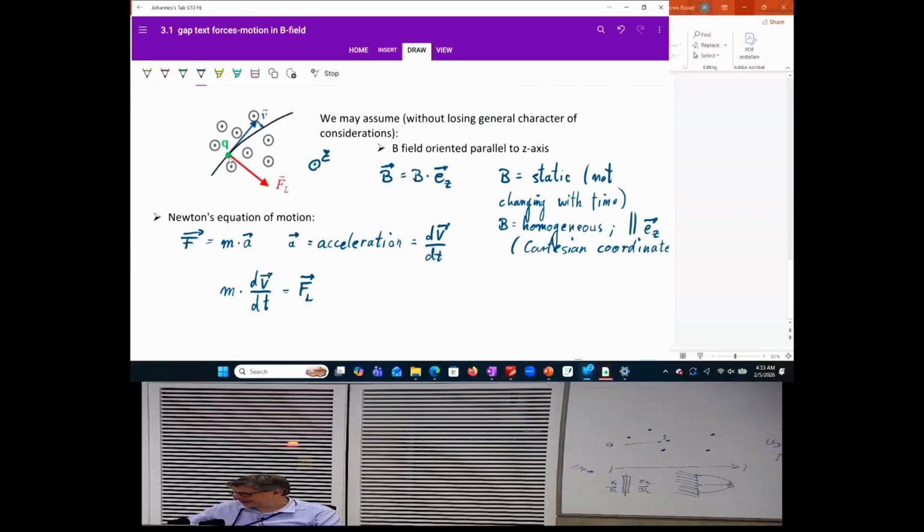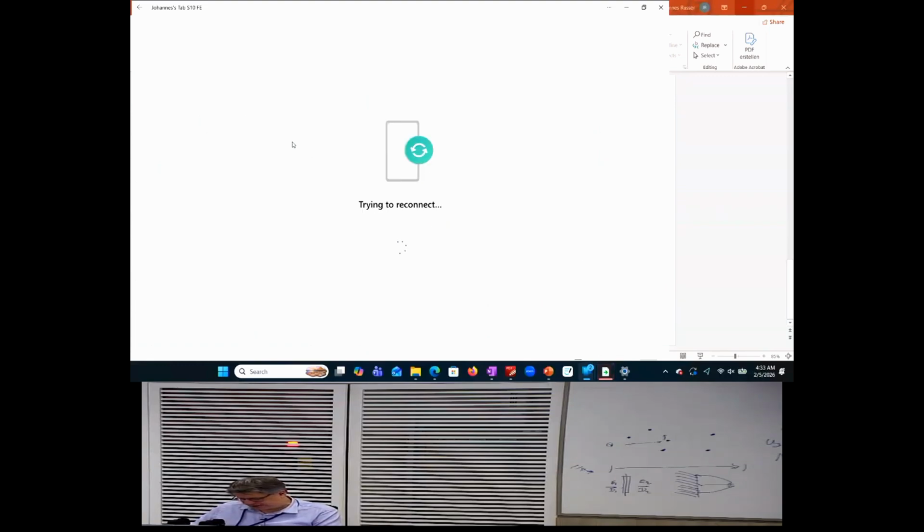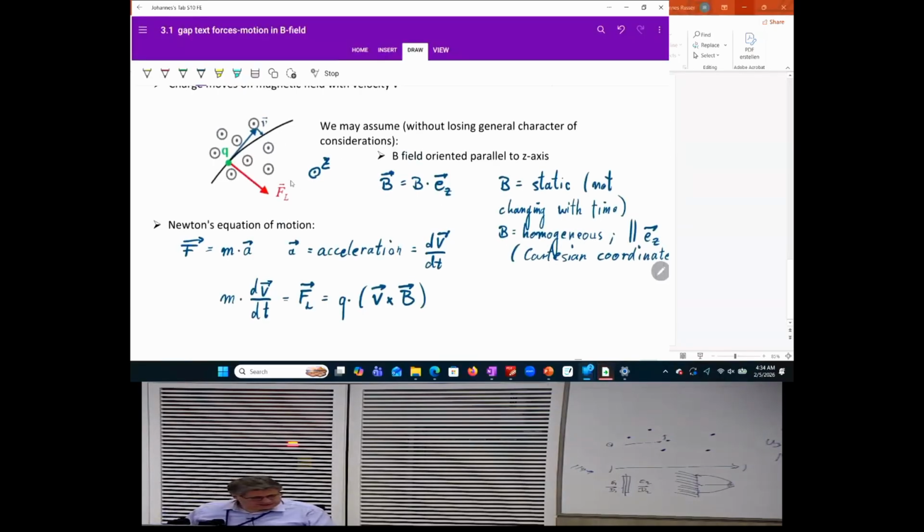But at the same time, that motion direction could now be altered because there's a force acting here, that is the Lorentz force. And the Lorentz force, we've seen on the previous slide, depends on the charge and the velocity of the particle and the B field. So it depends on Q, on the velocity, and on the B field. This is our equation 3.3.